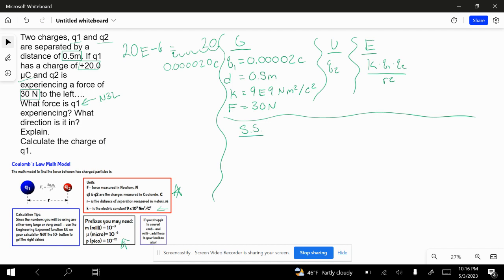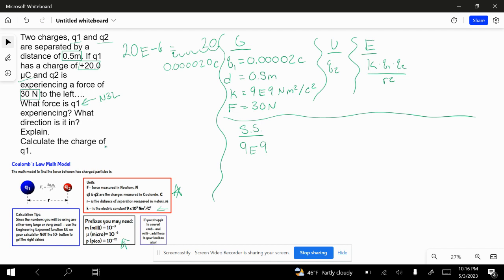All right. So we'll start off with 9 times 10 to the 9th, right? So that's engineering exponent on my calculator, that is second apostrophe.